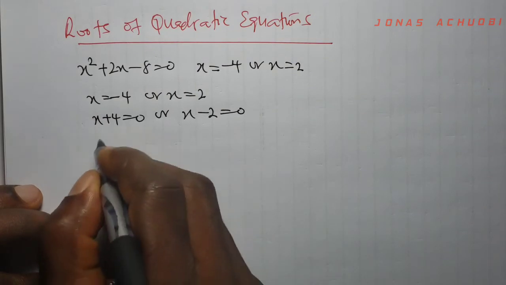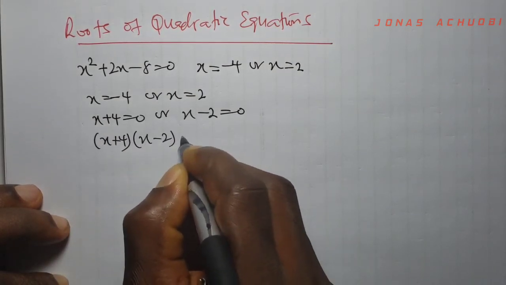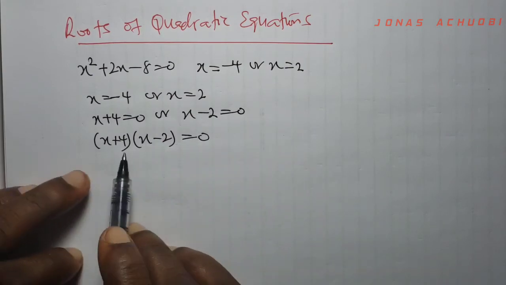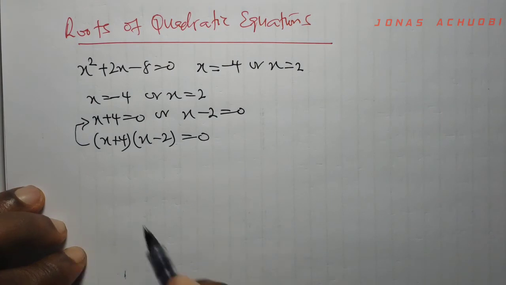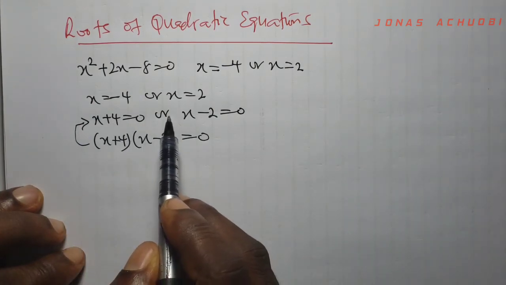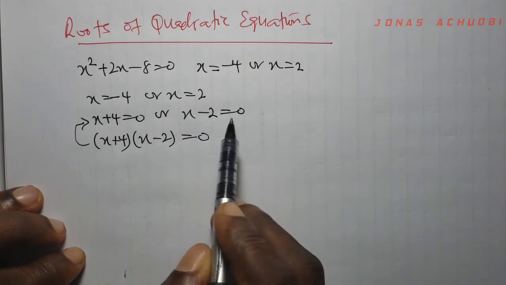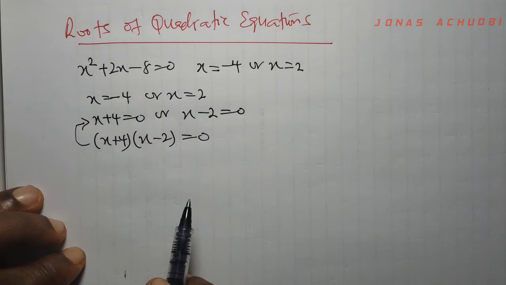From here, we now see x plus 4 times x minus 2 equal to 0. This is true because if we had this, we would have written this directly from it. So we're going in the reverse order. x plus 4 equal to 0 or x minus 2 equal to 0 is the same thing as x plus 4 into x minus 2 equal to 0.